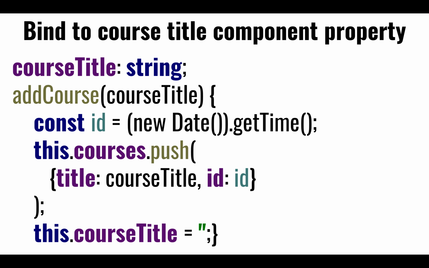We are blanking it. After you type the new course and you say add course, we're going to clear it, so it becomes blank. So we use it first to add the course, and then we clear it, which is very common. Once you submit a form, you clear the form, ready for a new entry. Okay.